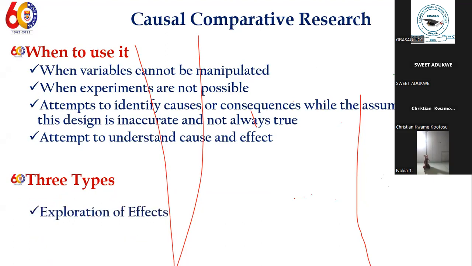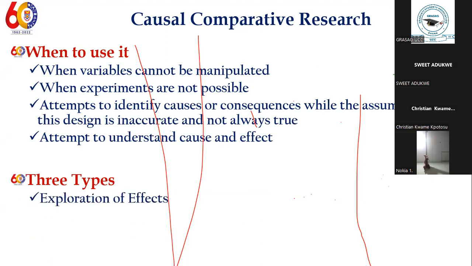1, exploration of effects. So if you want to see the effect of a variable in a particular group on the other, you can use a causal comparative, as the example I have given. There are students who take extra classes, and there are students who do not take extra classes.